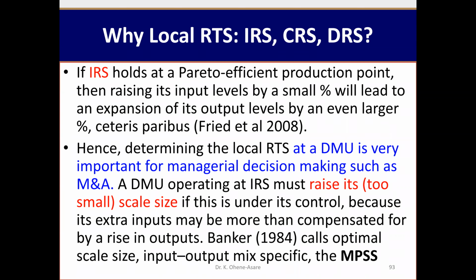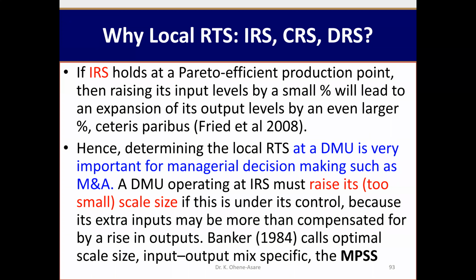That little extra increase will be much more compensated by a higher rise in output. So you don't need to increase the input by a large amount. You just need to increase the input by a small amount, and the output is going to rise by a lot because the firm is operating at increasing returns.